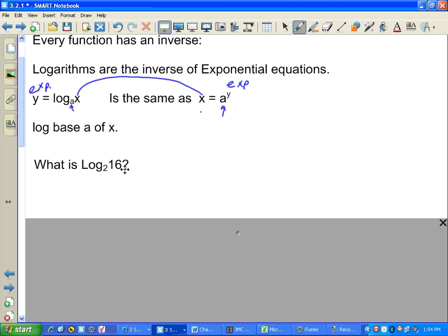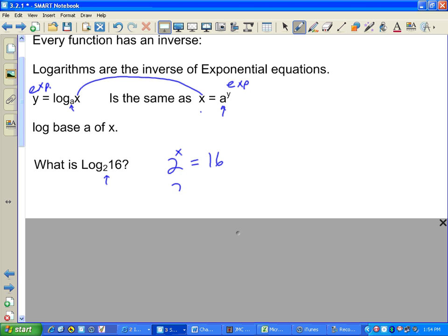So we can use this relationship to figure out what certain logs are going to be. All right, so if I have the log base 2 of 16, what I'm really asking is, my base is 2, so 2 to what power is 16?